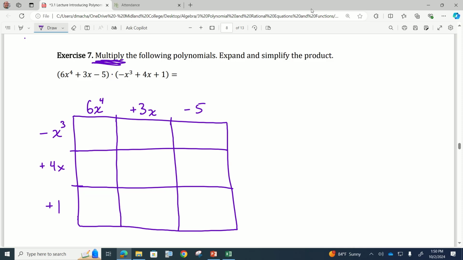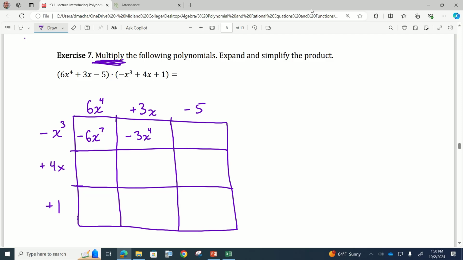So here, we've got 6x to the 4th power times negative x to the 3rd power. And that's going to be negative 6 times x to the power 7. Very good. Okay, 3x times negative x cubed is negative 3x to the 4th.